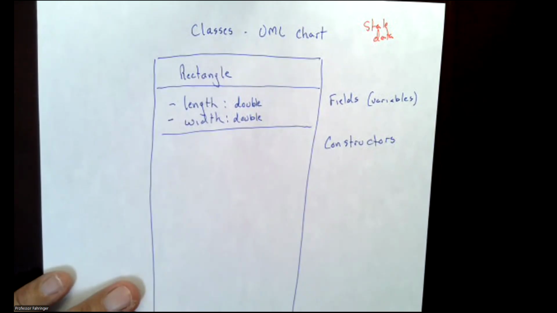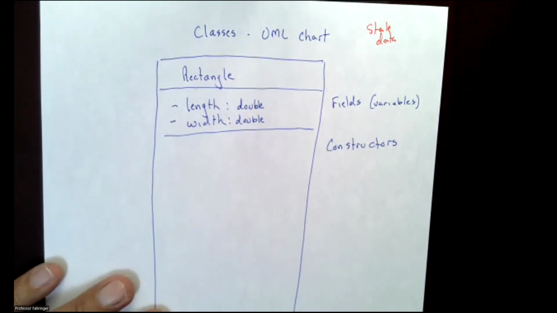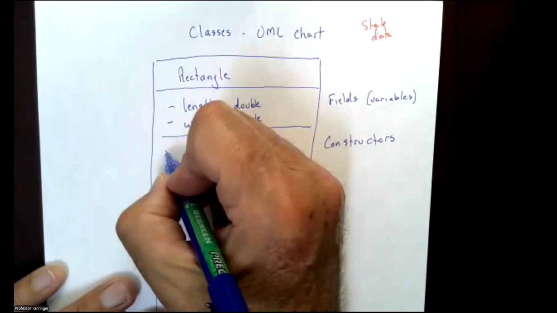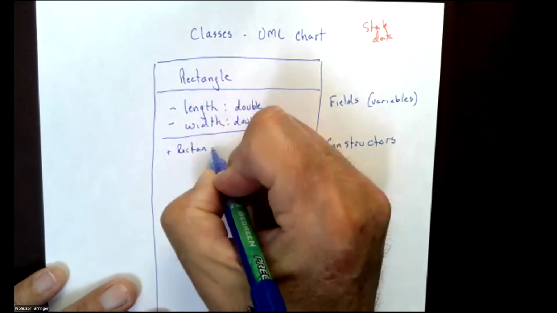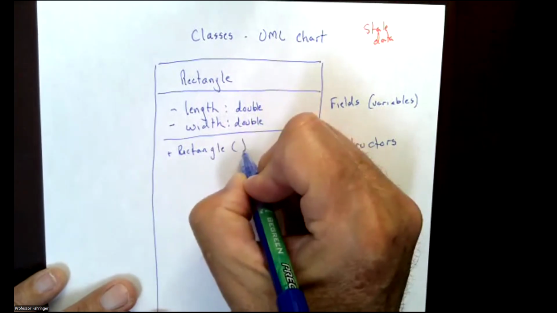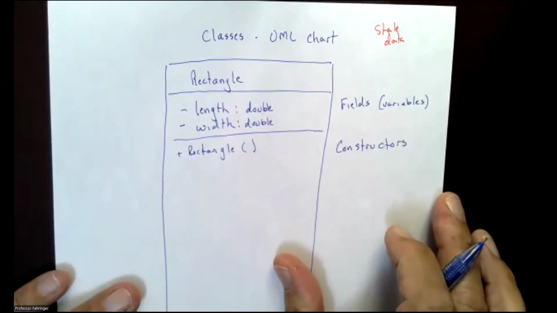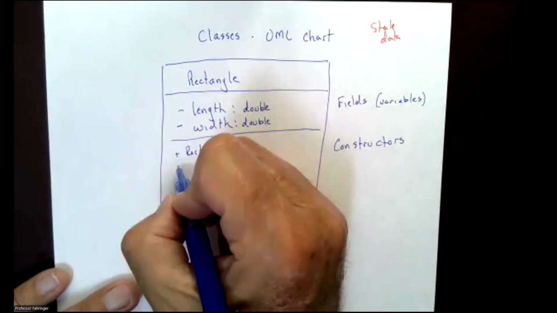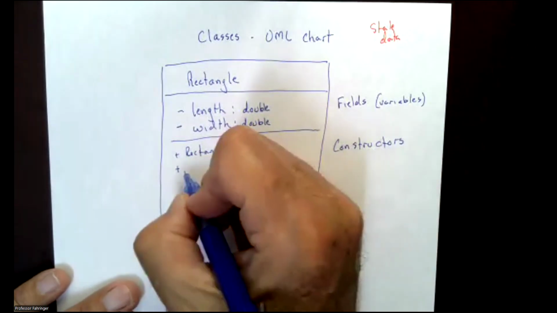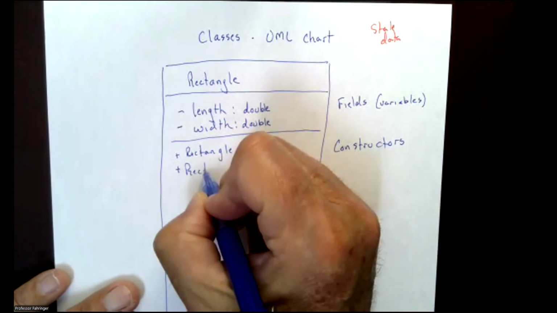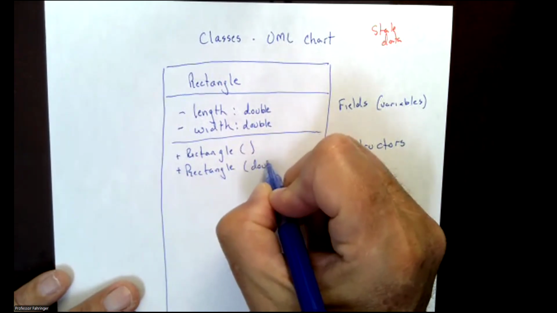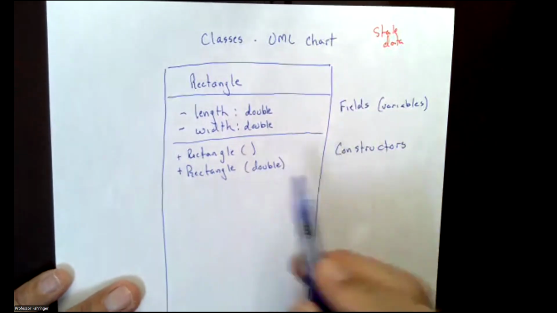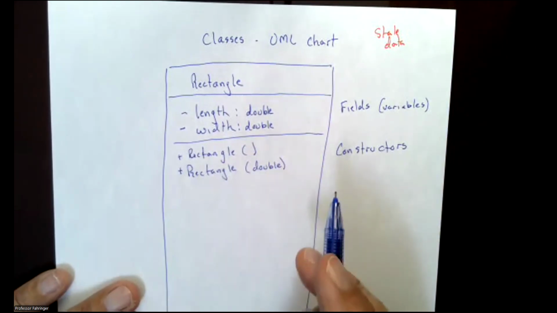Yeah, kind of remember, I had the name of the class plus rectangle. My first constructor with empty parentheses was the default. I could have overloaded it with a second constructor, which may just bring in one value, which I would assign to both length and width.